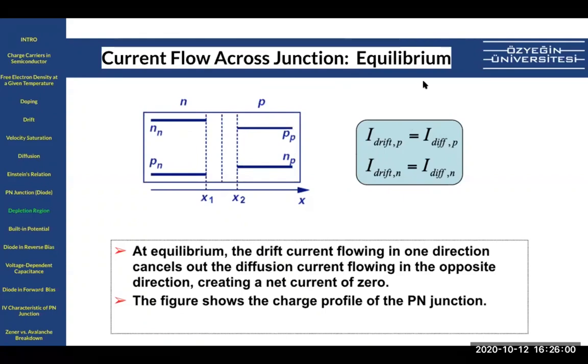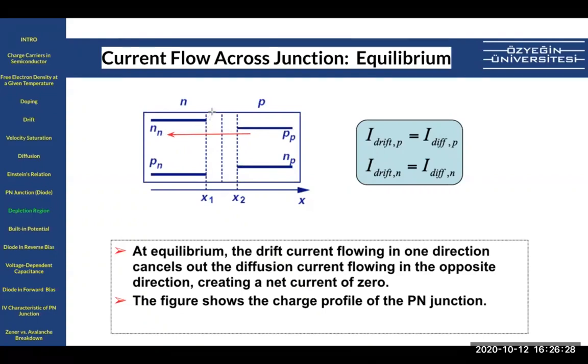So in equilibrium, the drift current should be equal to the diffusion current, so that this diode has no current flowing through it. As I mentioned, the diffusion current goes from more to less. Because holes are more numerous here, the holes will flow this way.